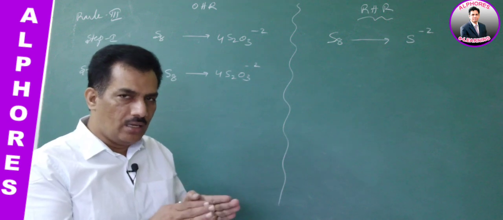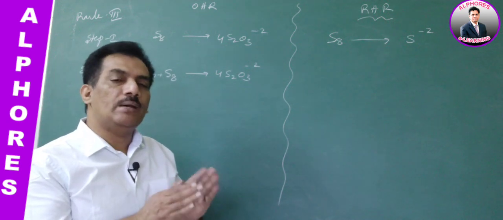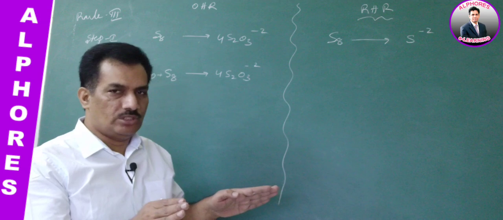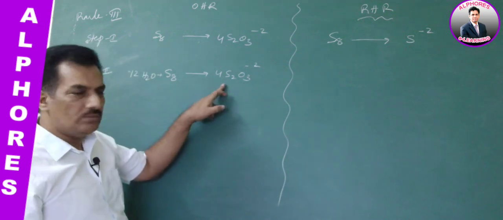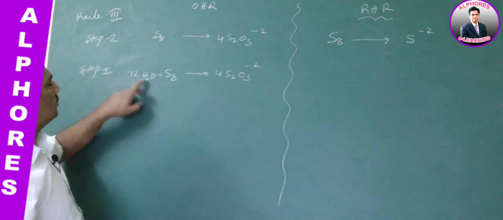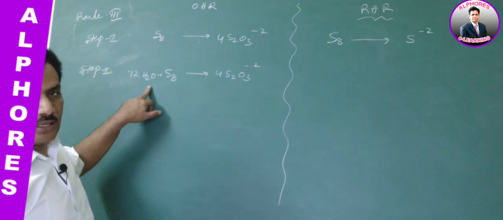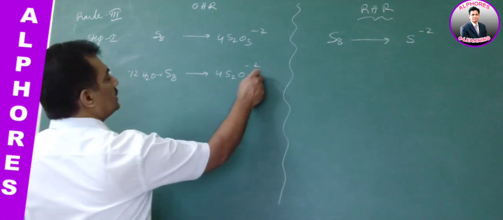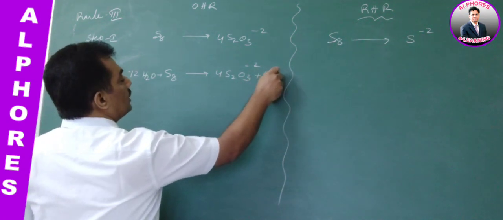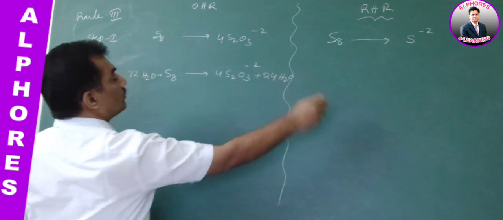This side has no hydrogen. This side, how many hydrogens? Just observe, 12 into 2, 24 hydrogen atoms are there. Thereby in the second step we are adding 24 H2O.